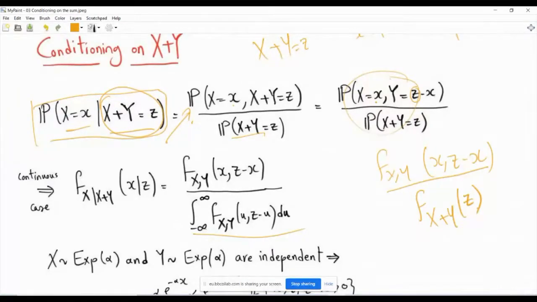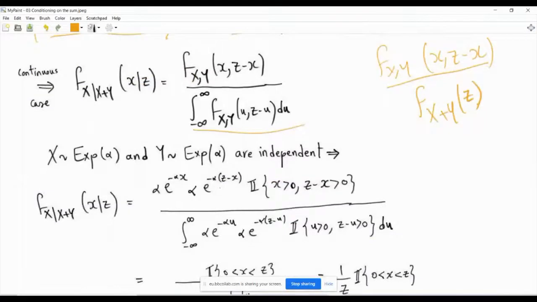Okay, so again, if we use the exponential random variable, then what do we have in the numerator? In the numerator we will have the joint PDF with small x, and small y replaced by z minus x.